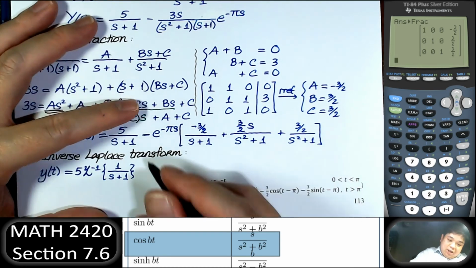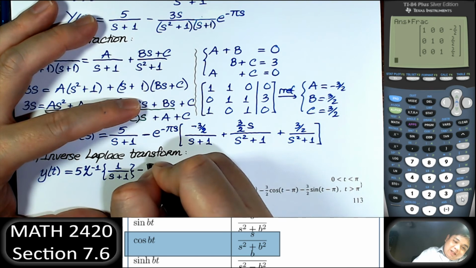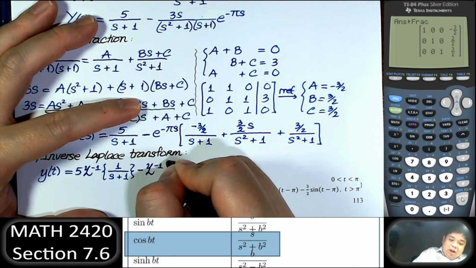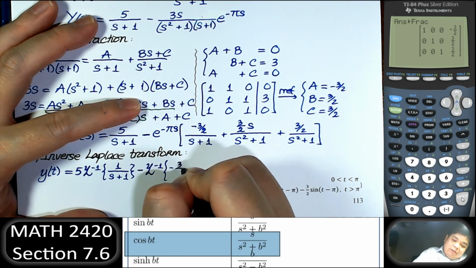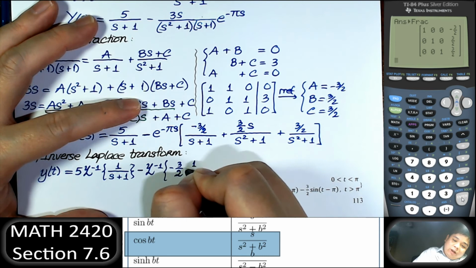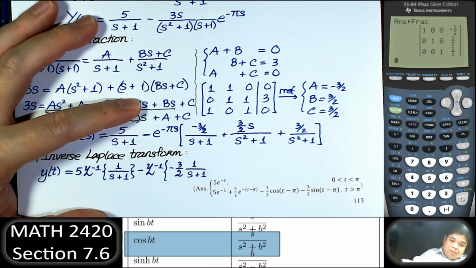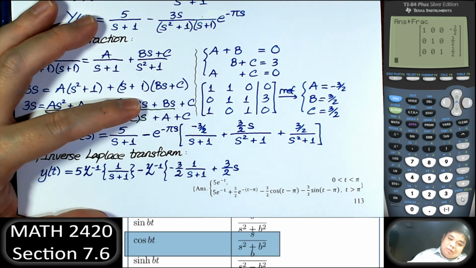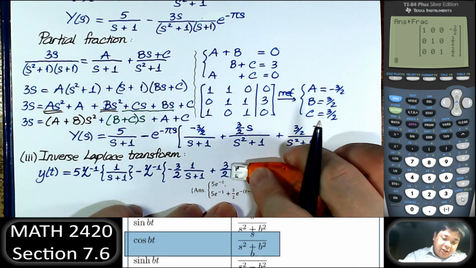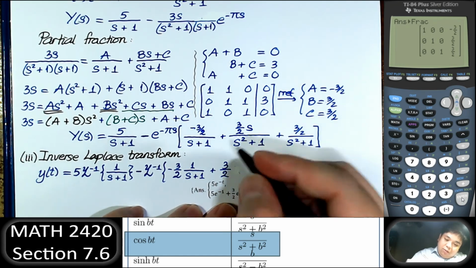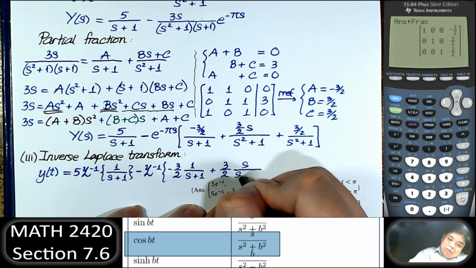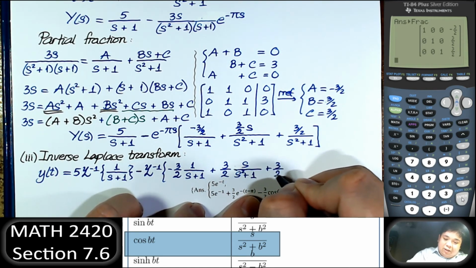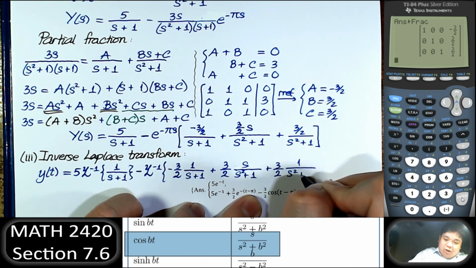So in this case we will have minus the inverse transform of this, I will write as negative 3/2 1 over s plus 1, plus 3/2 s over s squared plus 1, plus 3/2 1 over s squared plus 1.